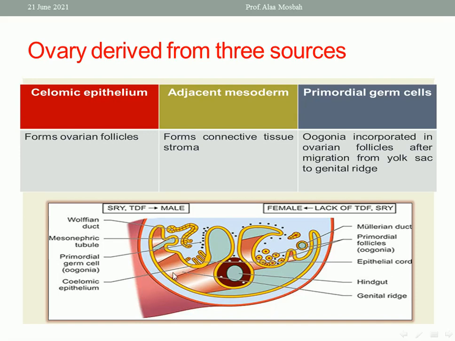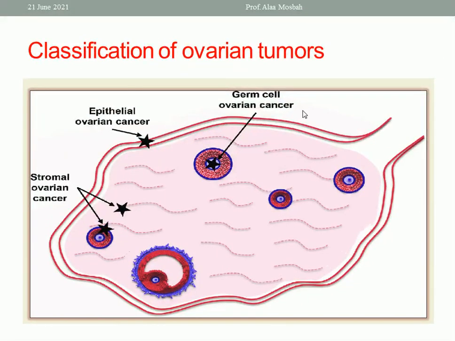This is the coelomic epithelium, this is the germ cell, and this is the primordial follicles. So, coming from coelomic epithelium, mesoderm and germ cell, when a tumor occurs in the ovary it can be of many histological types. So different types of ovarian tumor are present.